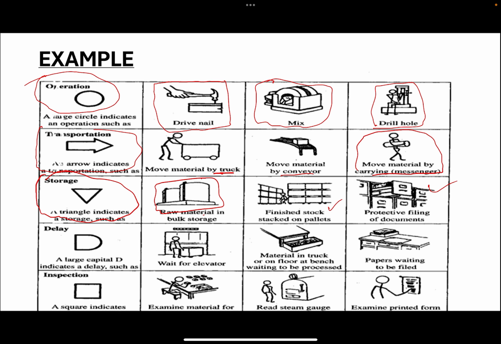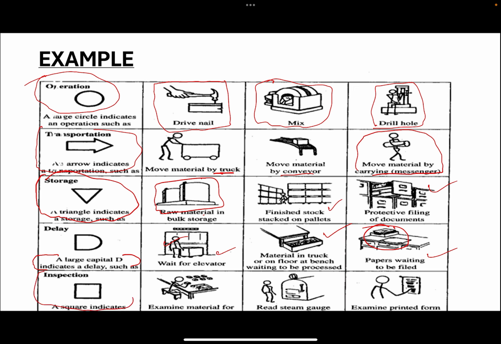So this all comes under storage. Then delay, this is a temporary storage. So here the worker is waiting for the elevator, and the material in a truck or on the floor at the bench is waiting to be processed. Okay, so this is a delay. And papers waiting to be filed. Okay, this is not storage, this is temporary storage, that is called delay.